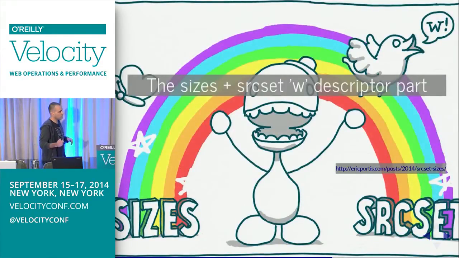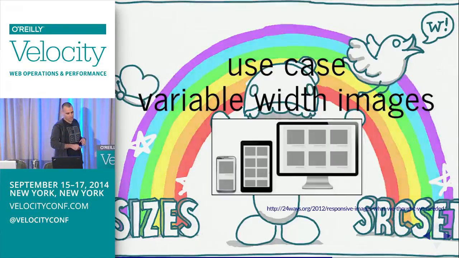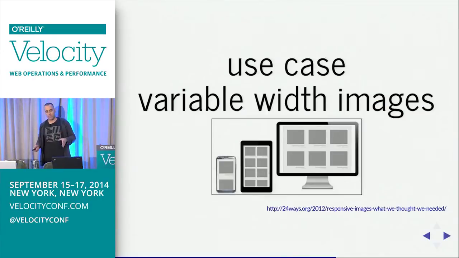So going to the third part, the most exciting part in my view of the syntax, the part that was added with the srcset and sizes proposal: the sizes attribute and the srcset w descriptor. The use case here is variable width images. Images that have their width relative to the viewport, or relative to an element which has its width relative to the viewport.